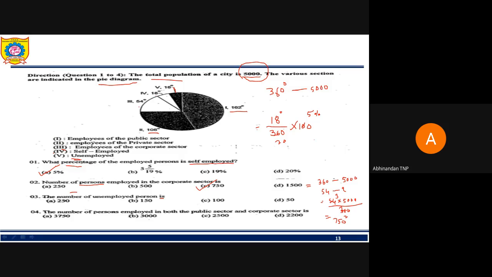So 18 divided by 360 into 5,000. You can perform the simplification. The zeros get cancelled, and it is 250. 250 is the right answer.